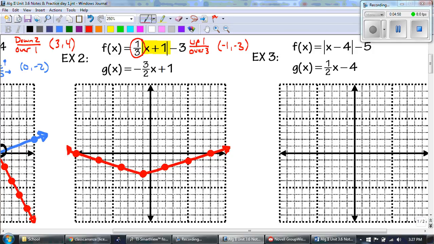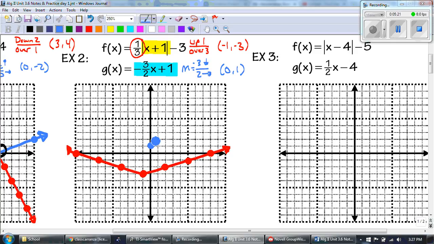Okay, next one. Once again, pay attention to it. It's linear. So my slope is down 3, because it's negative, over 2. And then I begin at 0, 1.